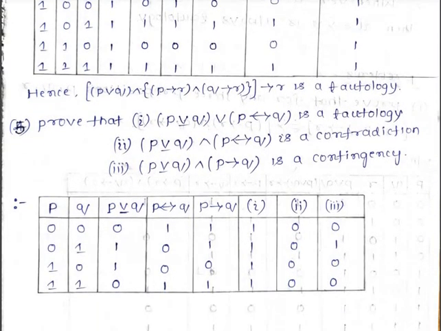The fifth problem is prove that P exclusive disjunction Q or P biconditional Q is a tautology.